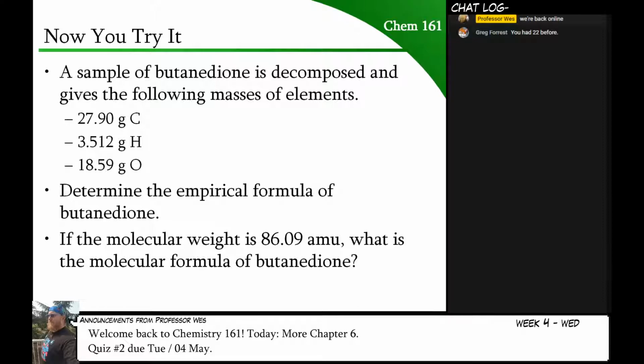If you decompose the sample I give you, it gives you 27.9 grams of carbon, 3.512 grams of hydrogen, and 18.59 grams of oxygen. So first find the empirical formula. And then, once you have found the empirical formula, knowing that the molecular weight of the compound is 86.09, find the actual molecular formula. I'm going to give you about 5-6 minutes to do that. Then we'll go into concentration. See you in a bit.